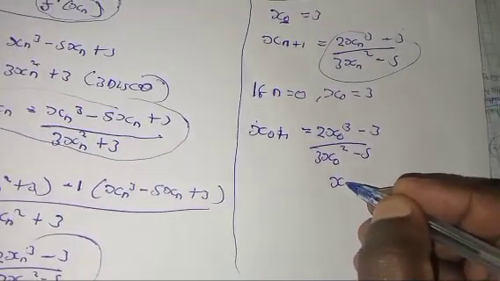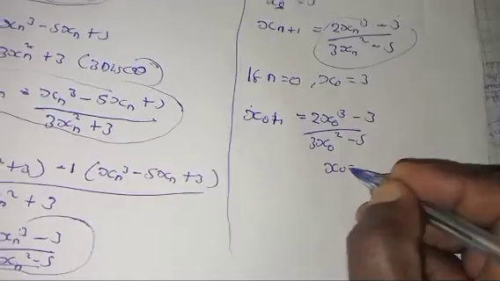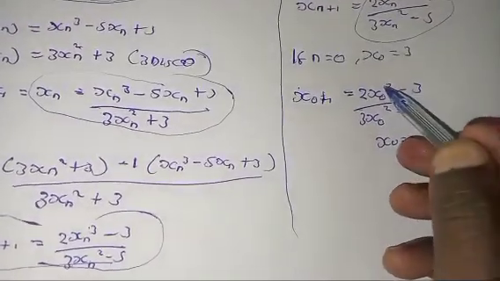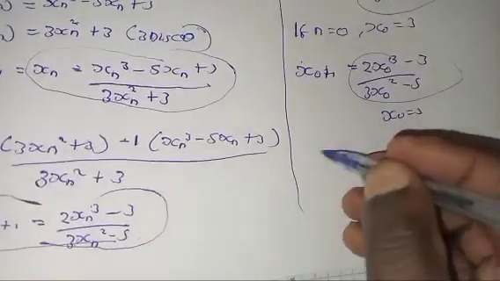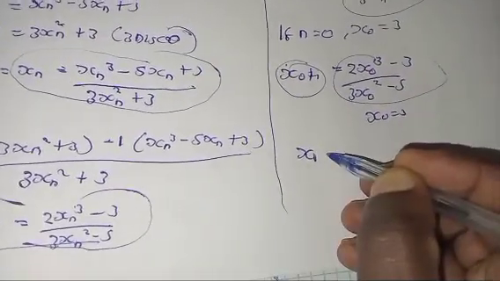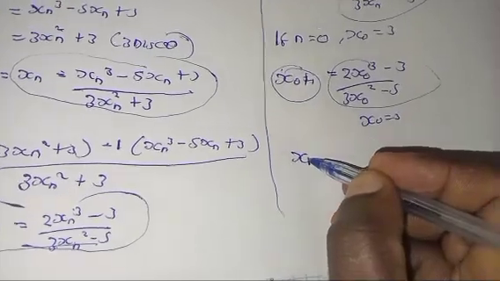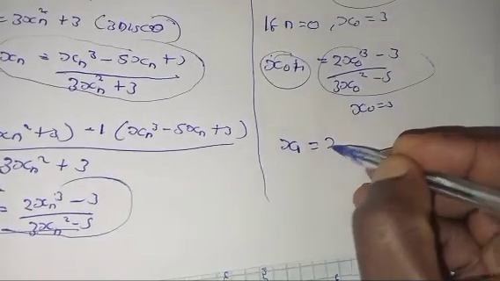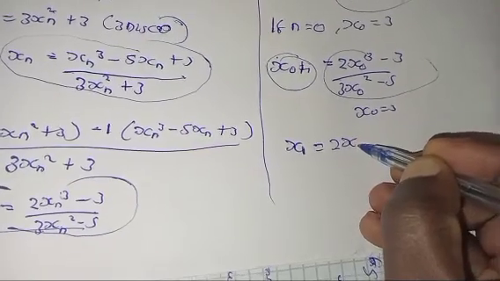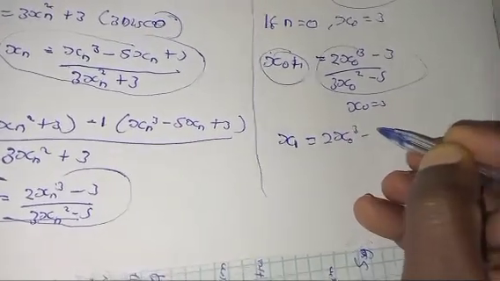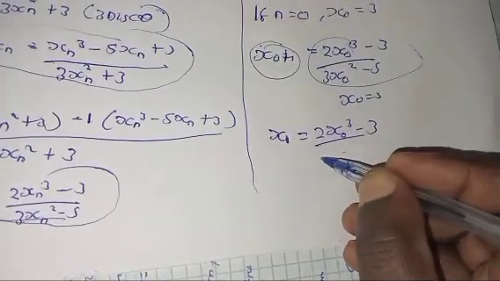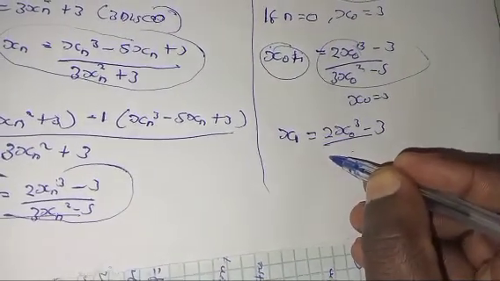We come here and x naught is equals to 3.